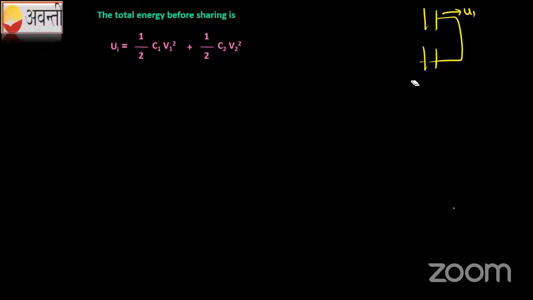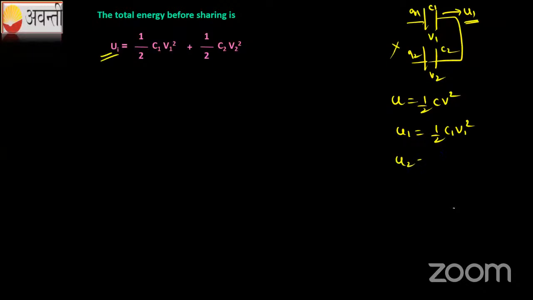Its potential was V1, the other's potential was V2, the charges were Q1 and Q2, and the capacitances were C1 and C2. At this time I am writing the energy of both before sharing. Energy we know is half CV squared. For the first capacitance, U1 will be equal to half C1 V1 square because it is not yet connected. Second, U2 will be equal to half C2 V2 square.